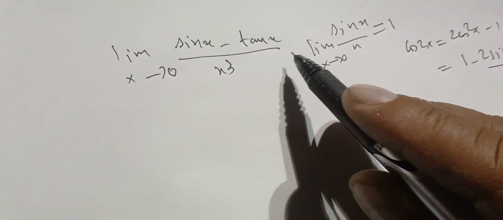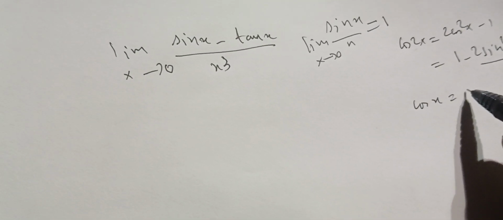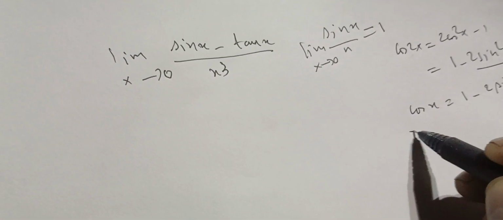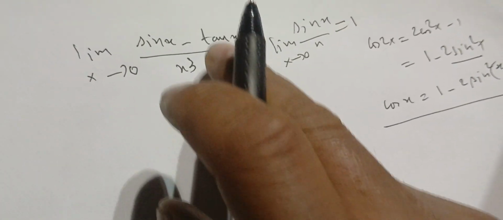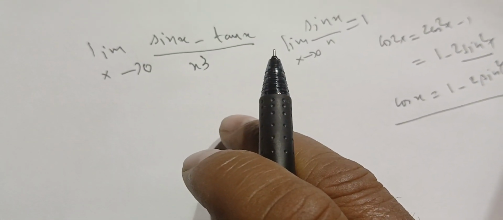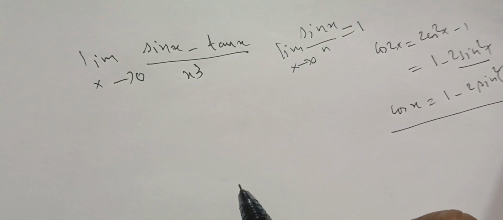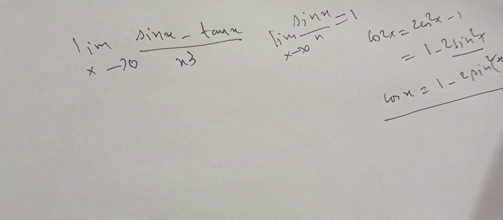Since we don't have 2x, we just have an x, solve here to get cos x is 1 minus 2 sine squared of x over 2. Then do some manipulation to find a limit that we know or are familiar with. You can at this moment stop the video and try to use these hints and see what you can get.